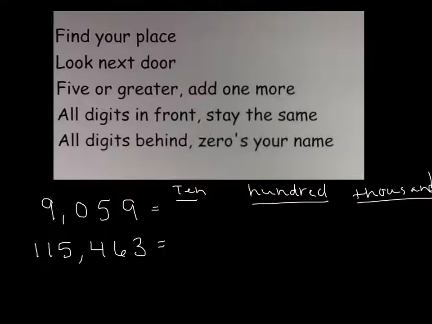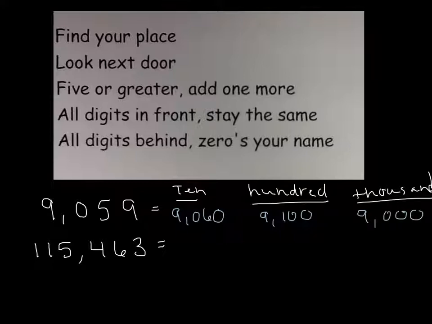Let's do this again. Now you have the number 9,059 rounded to the nearest 10, 100, and 1,000, and 115,463 rounded to the nearest 10, 100, and 1,000. To the nearest 10, this first number would be 9,060. The nearest 100 is 9,100, and the nearest 1,000 is just 9,000.